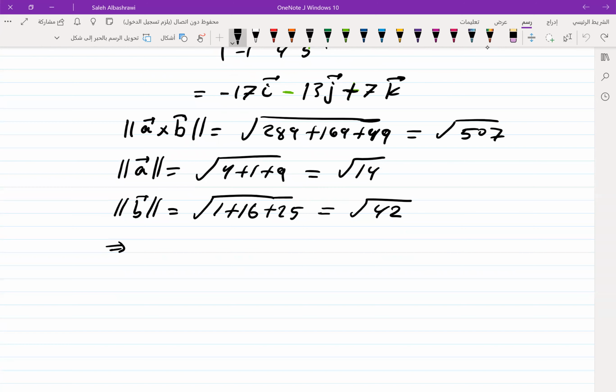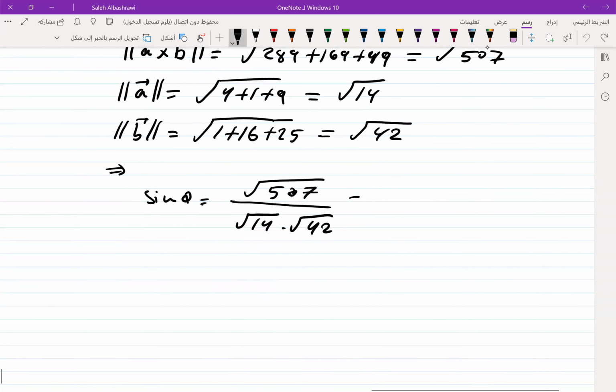So this means that sine theta will be the square root of 507, which is the magnitude of A cross B, divided by the magnitude of A, square root of 14, multiplied by the magnitude of B, square root of 42.